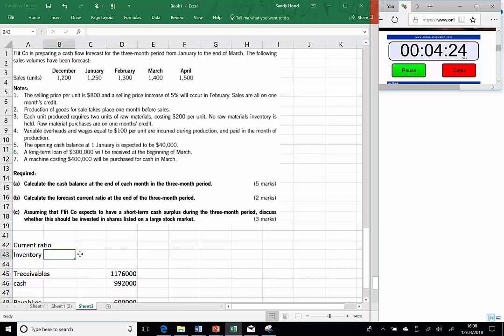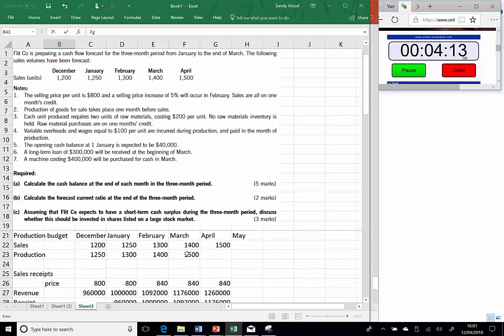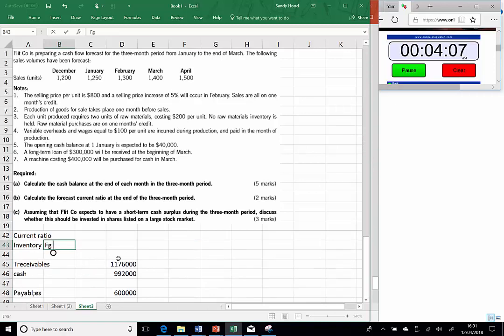Inventory, we're dealing with finished goods, so we know that the finished goods are going to be the unsold production. So we've got production in March of 1500 units, and they are made up of a cost of 2 units at 200, so that's 400 for the materials plus 100 for the variable overheads and wages, so that's 500.